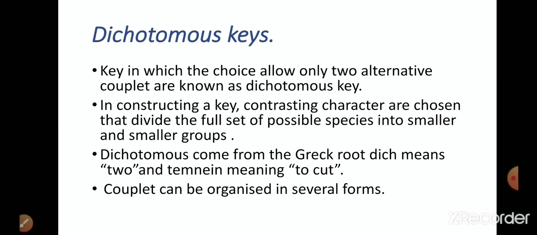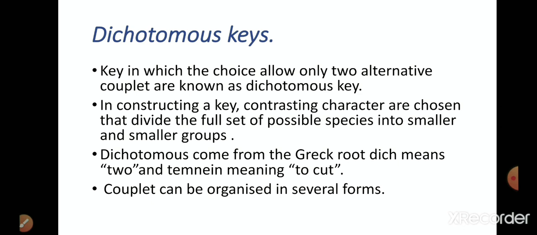These are the narrower characters regarding classes, genus, and species. So from a broad spectrum they get to a narrower spectrum, so that we can easily identify the organism based on its characters. The word dichotomous comes from a Greek root, where di means two and temnein means to cut.